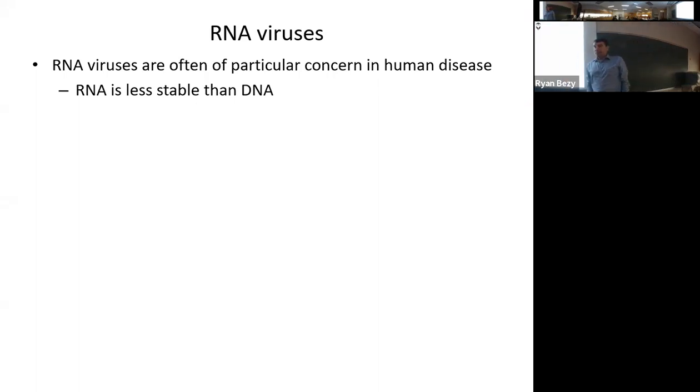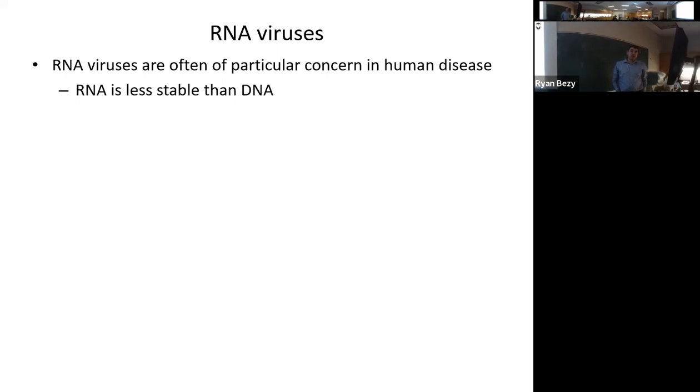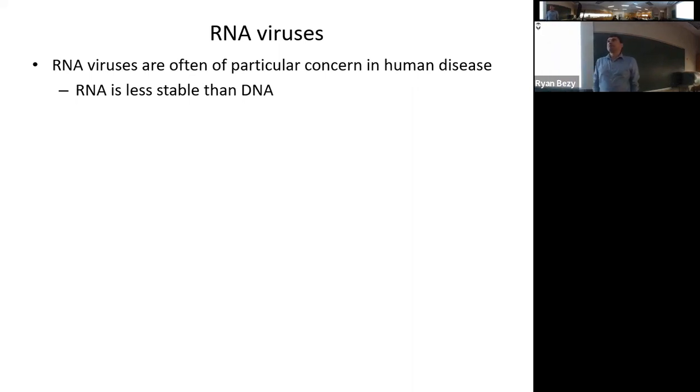RNA is just naturally a less stable molecule than DNA is. What do you think that might mean about RNA over time if it's less stable? It changes over time, or mutates over time.